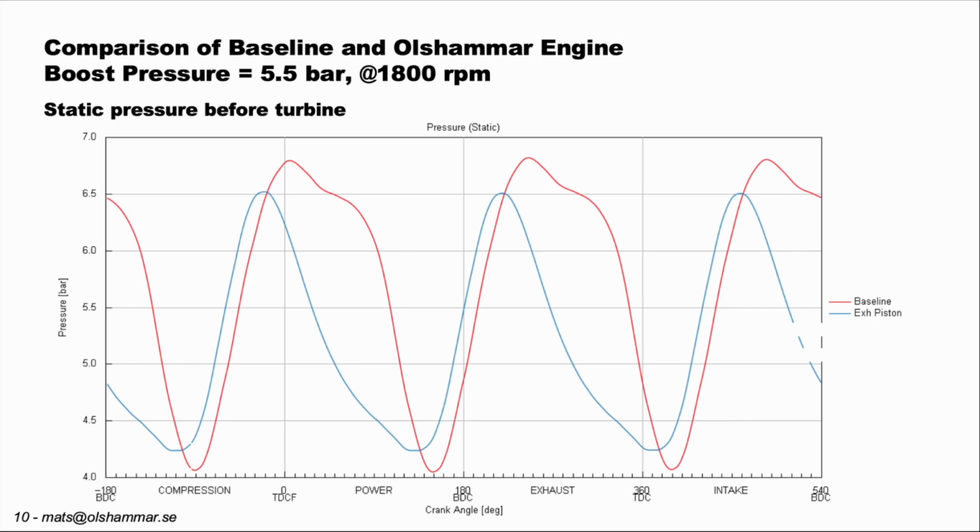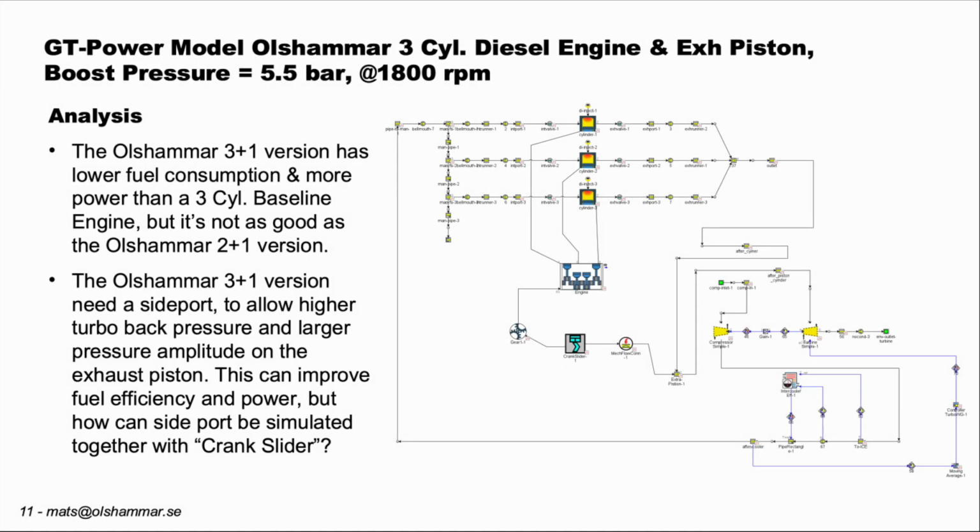But for the 2+1 version, we reached almost 1 bar at the bottom peaks, so we have much lower valleys there. And that pressure difference is very important when you have energy transfer to the exhaust piston. So there is not so much energy transfer to the exhaust piston because we have very little difference between the peak value and the bottom value here.